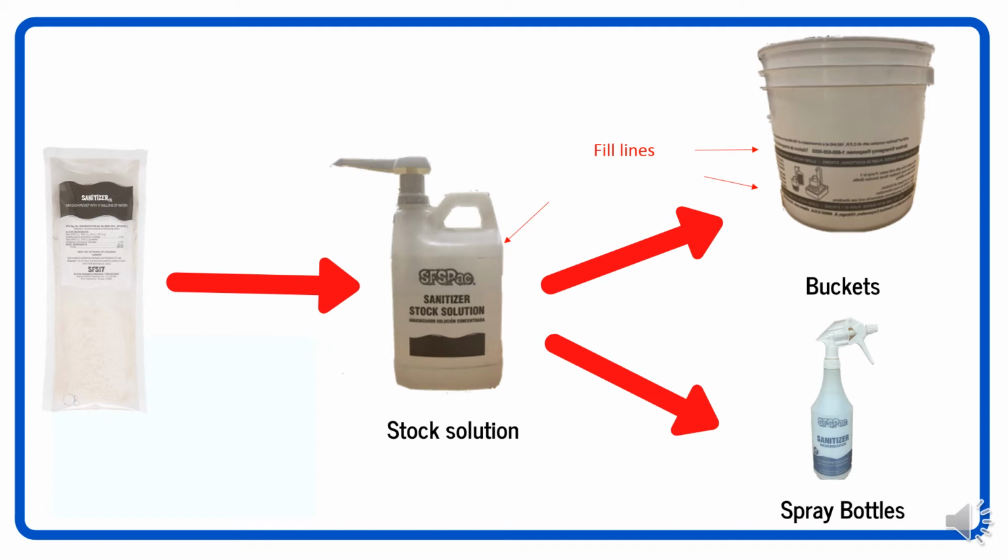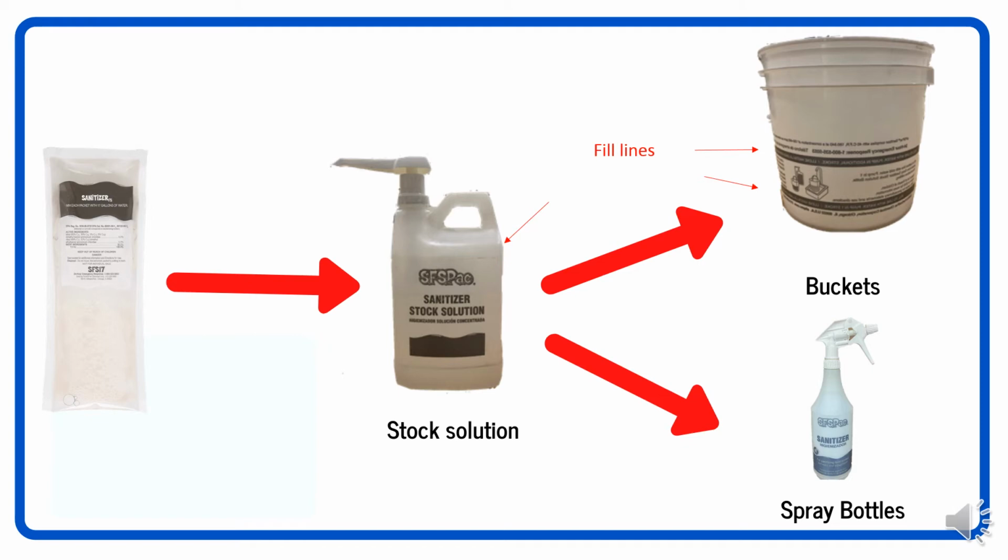It paints a picture of how concentrated this stock solution is when you think of how little water is here and how we also use this same pouch in an entire sink of water. So we're making this super concentrated solution that is then used to make spray bottles and buckets. To fill our sanitizer buckets, it has 2 different lines, so each line is 1 pump of the stock solution.